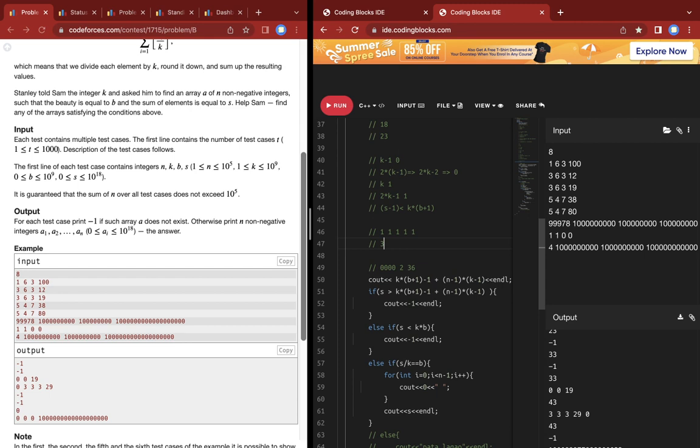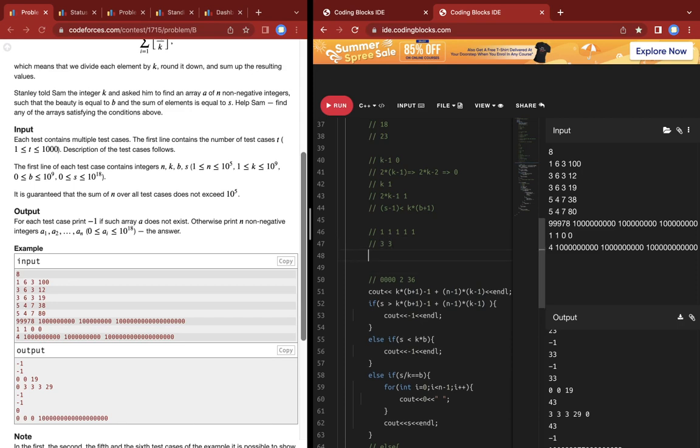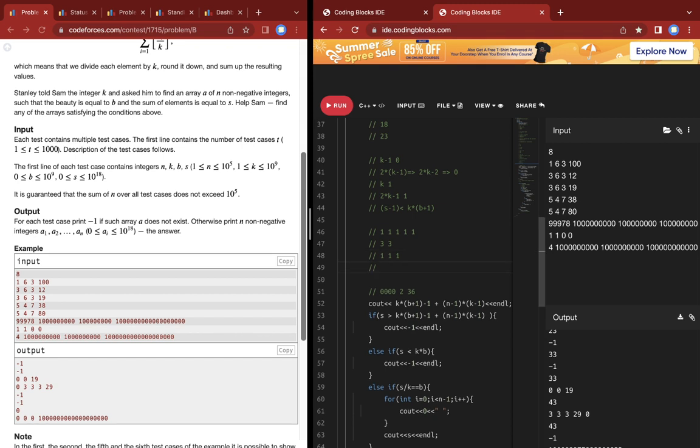B we want is 3. Elements are 3. So we need a 1, a 1, a 1 here. And 1 can be done by 5, 5 and 5. So we can do at most 15.